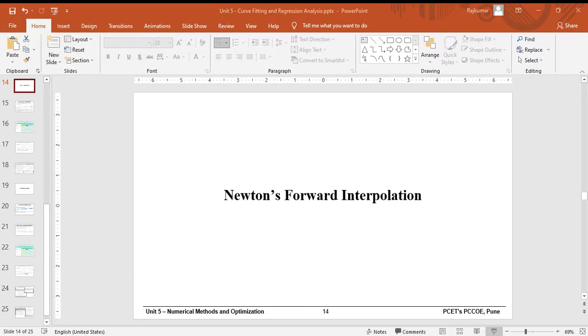So here we can see we calculated the values for all the del of power n y. Here one mistake is there, it is del raised to 4 and not del 4. So this is how we complete the table. Then the next step is important.